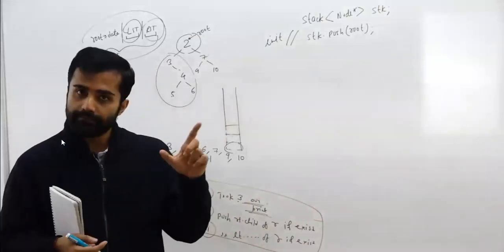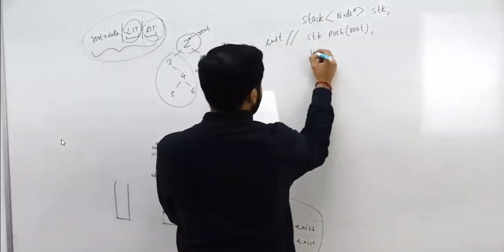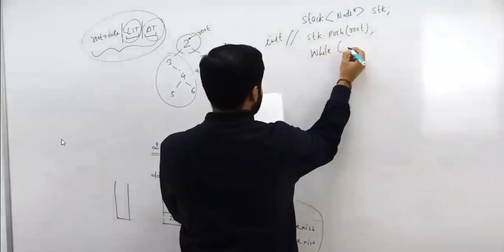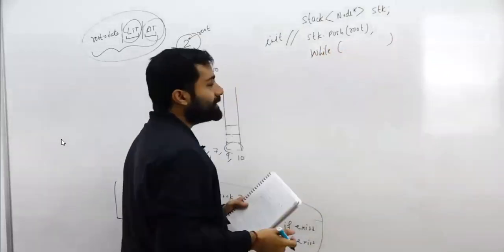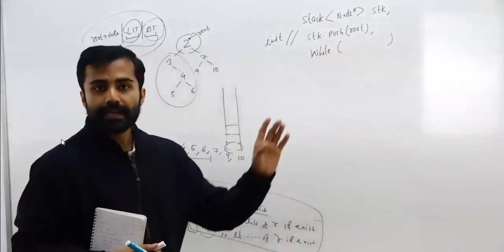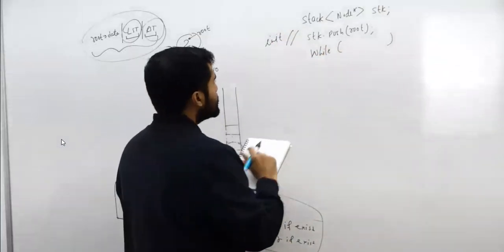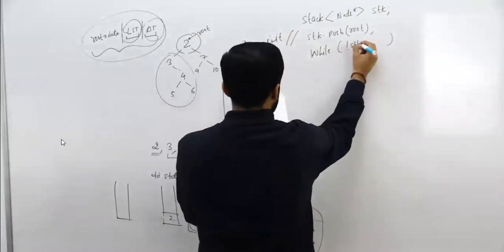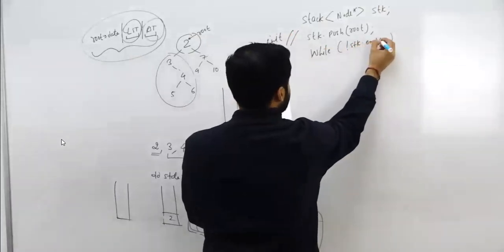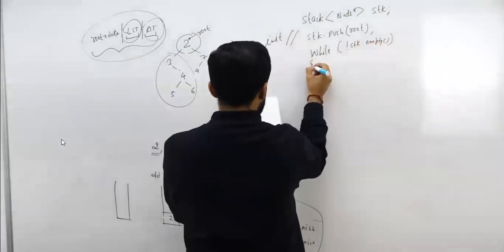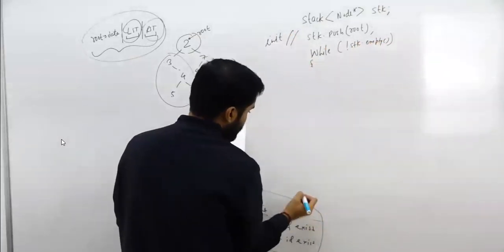So you will do this in a while loop. What should the condition be? As long as the stack is non-empty, execute the body of the while loop. So while not stack.empty, you come inside and execute some code.